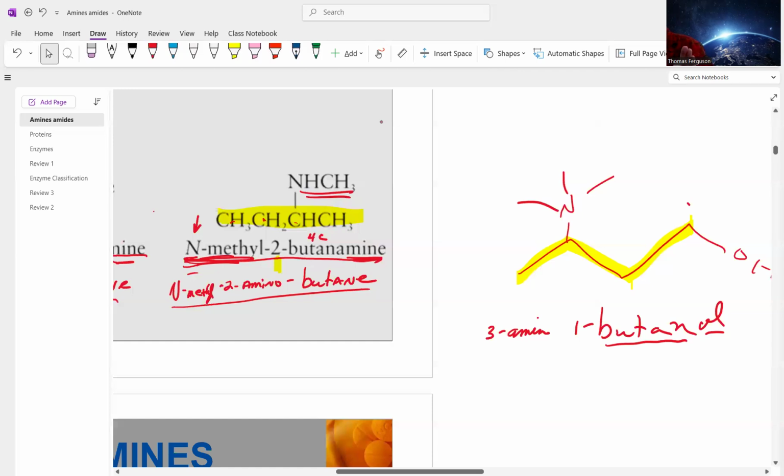So we're going to have N,N,N-trimethyl-2-amino butanol.